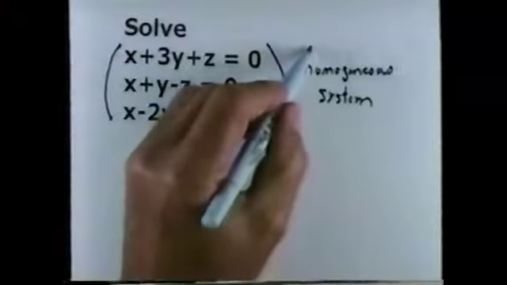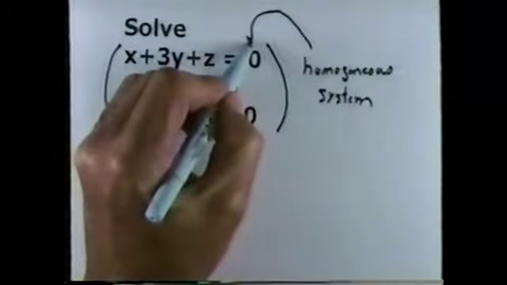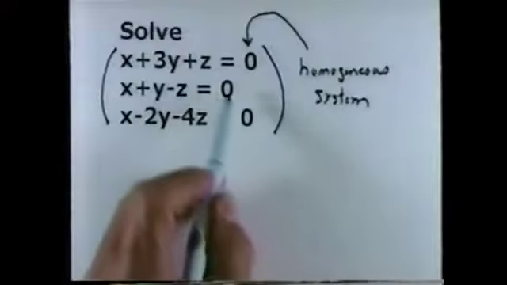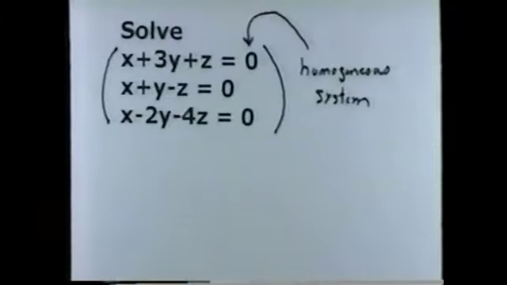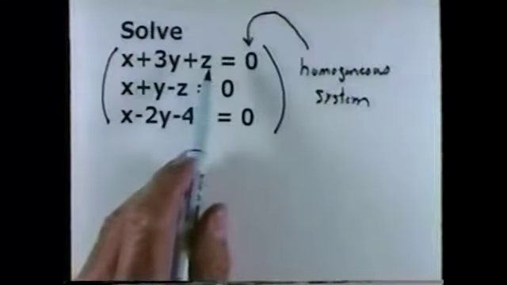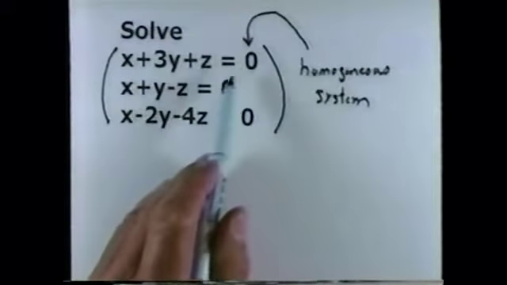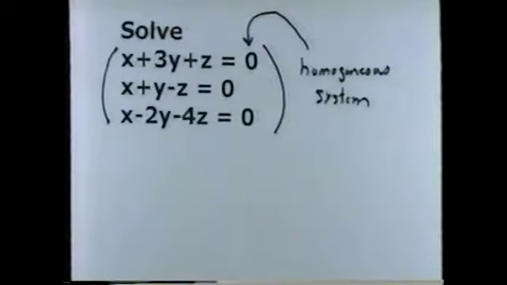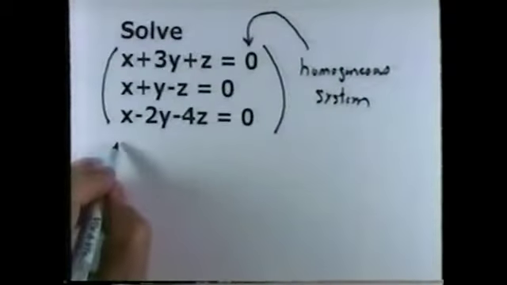I know it's homogeneous when I have all zeros as my constants. That's the definition of a homogeneous system. The constants are all zeros. So if you have a system of equations in which the constants are all zeros, the system is said to be homogeneous.